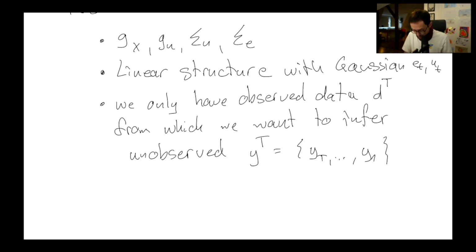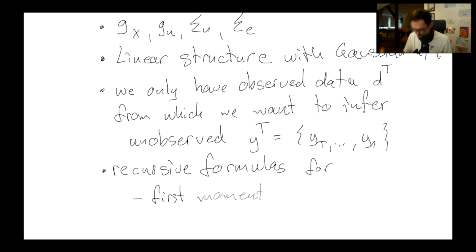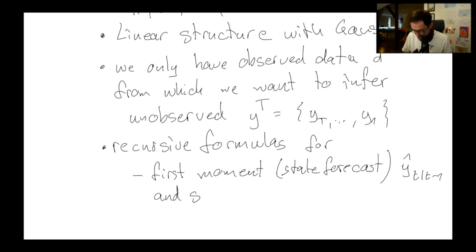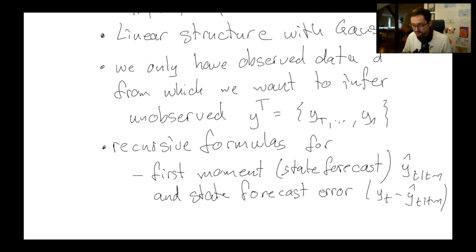Now, we will get recursive formulas for the first moment, the so-called state forecast. And here our notation kicks in. Okay, so y hat t minus 1 and the state forecast error. We will denote this by the deviation from the true unobserved yt, what we will predict given conditional expectations.